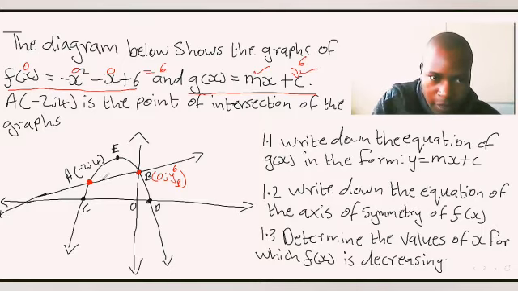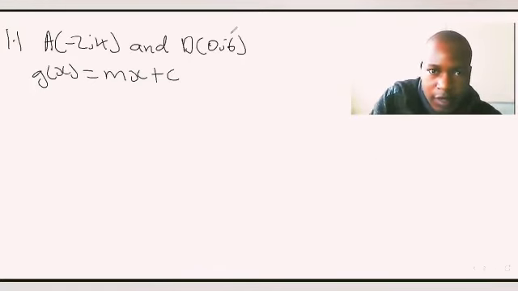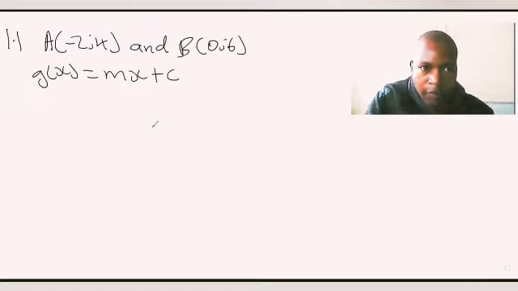So now that would be A and B. So those are the points that we would need in order to find the gradient of the linear graph. So let's go find the gradient in the next page. So this would actually be B over there.